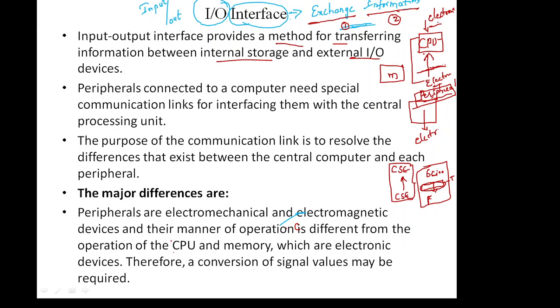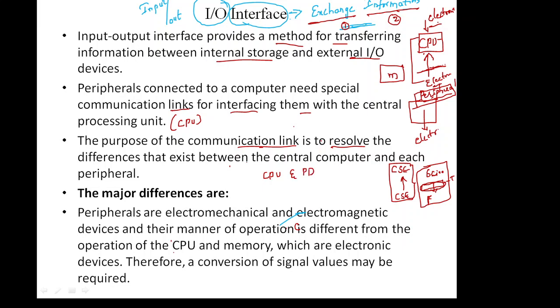As I have said, the peripherals connected to a computer need special communication links for interfacing them with the central processing unit. The purpose of the communication link is to resolve the differences that exist between the CPU and peripheral devices.